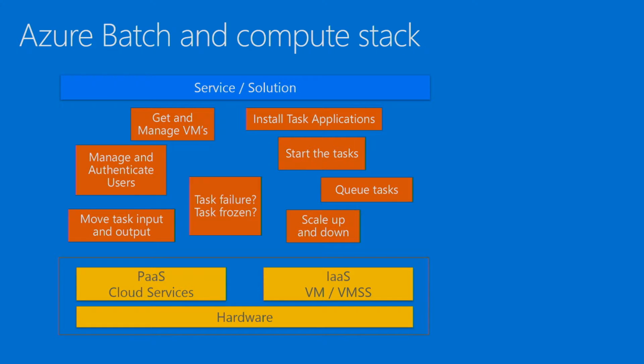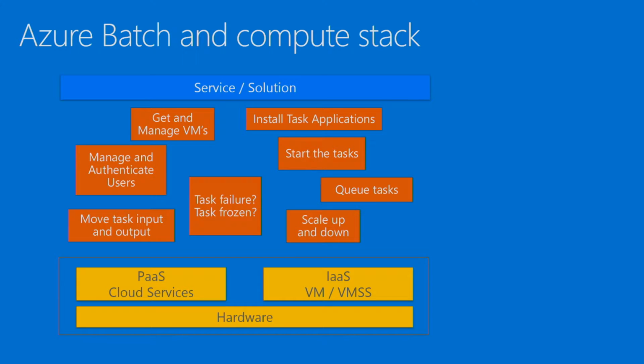Do passwordless SSH, move the data, create a parallel file system. And that is all required because you want to communicate between the servers, you want to move the data around. We're doing all that in infrastructure as a service, where we are provisioning a bunch of VMs and connecting things together. If you don't want to do all that and you want to build a service, Azure Batch is the solution, right? And it has a built-in scheduling technology as well.